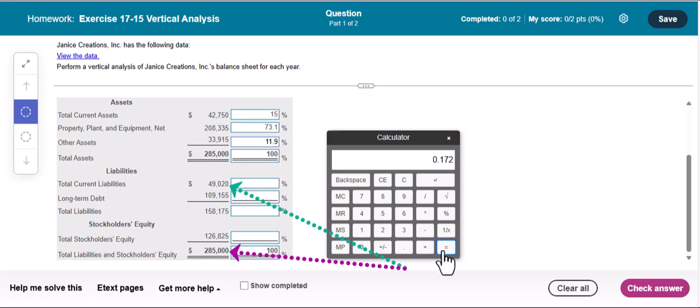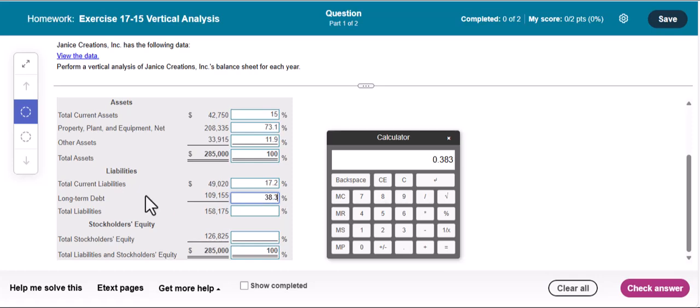And that's going to give us 17.2%. Then let's check long-term debt here. This is 109,155 given to us here, and then we're going to divide that again by the total liabilities and stockholders' equity, and that is going to give us 38.3%.